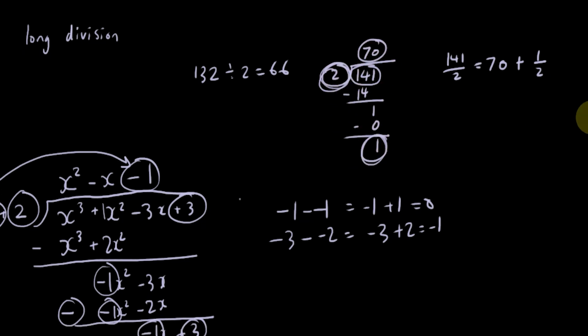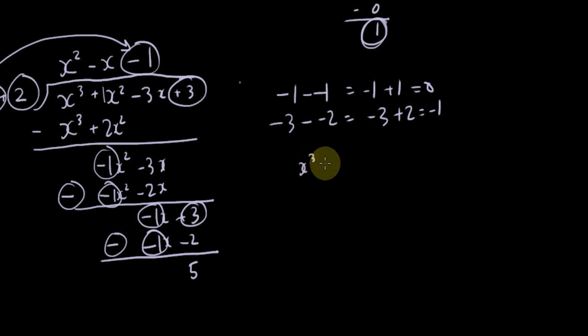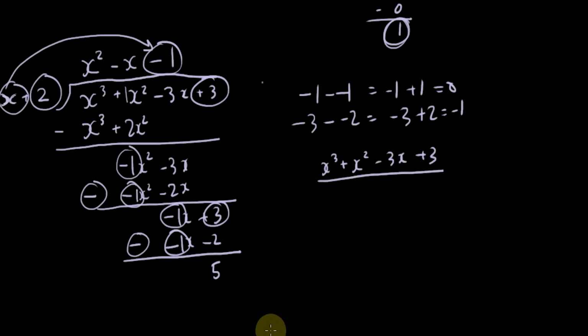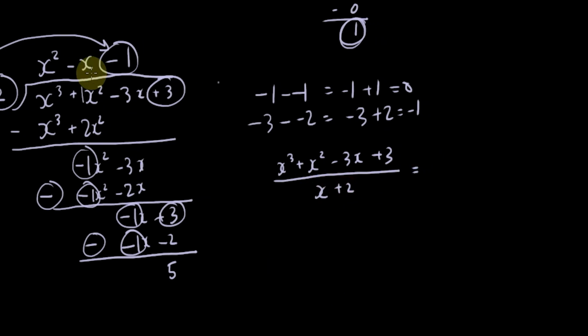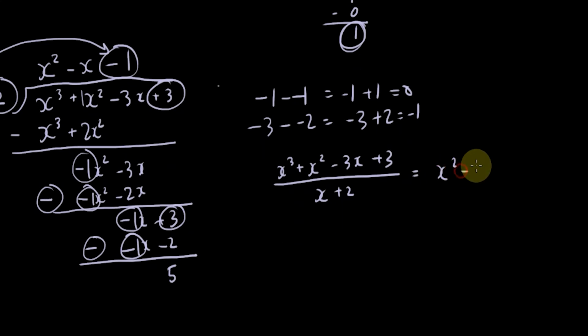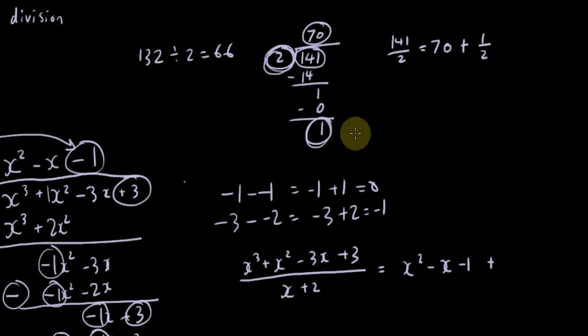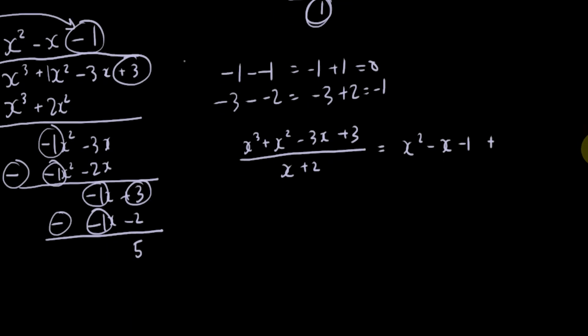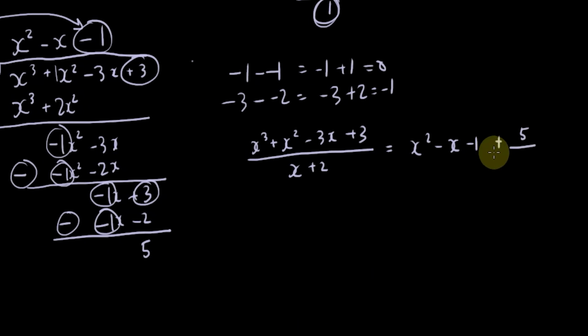So we're going to do the same thing here. x cubed plus x squared minus 3x plus 3, divided by x plus 2, equals, and we copy down what's at the top, just like we did over here: x squared minus x minus 1 plus. Over here we had 1 over 2, so here we're going to put 5 over x plus 2.